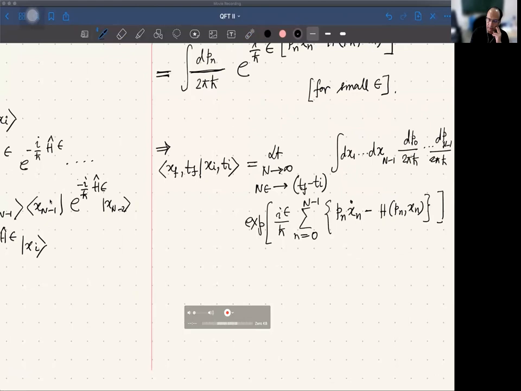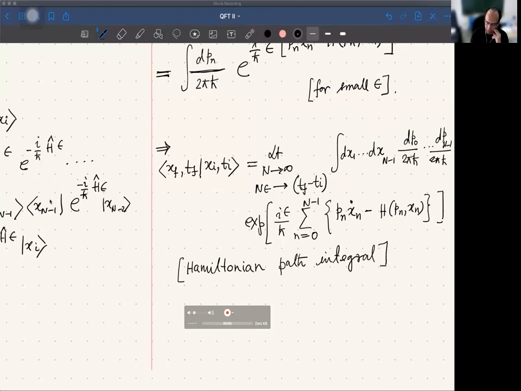This is a path integral over the phase space, also sometimes called the Hamiltonian path integral.